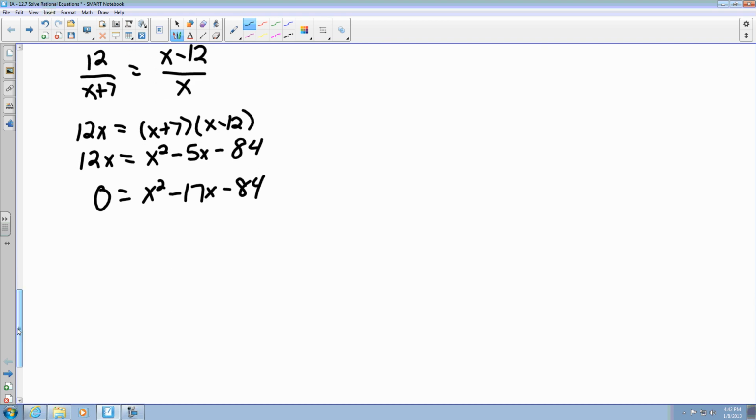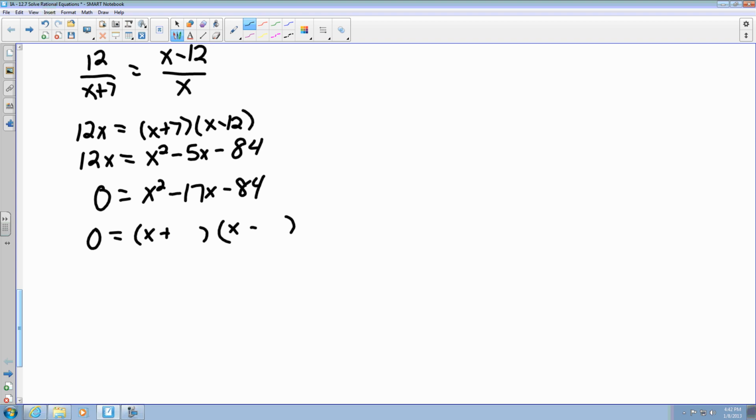So let's see. Can this be factored? So if I have 0, can I reverse FOIL this? It's x. I got x. This negative here means it's going to be different signs. And they need to find values whose products are 84, but the difference is 17.